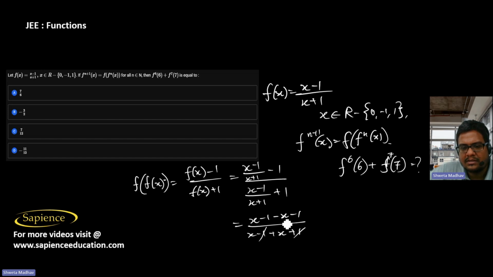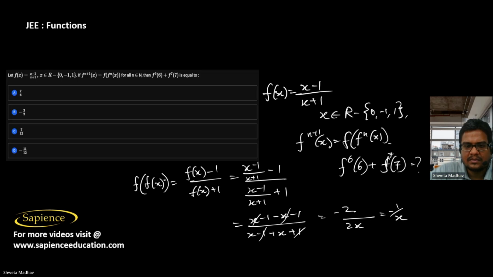So 1 will cancel, and here also x will cancel. So this will be minus 2 by 2x, which is minus 1 by x. So f2 of x is equal to minus 1 by x.